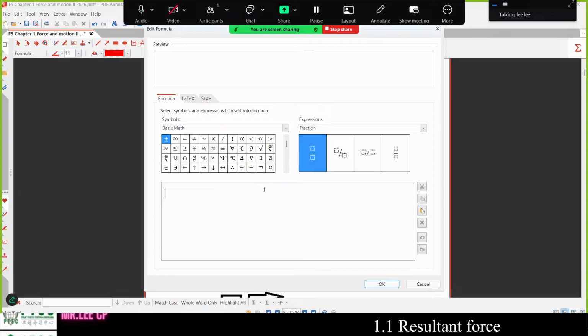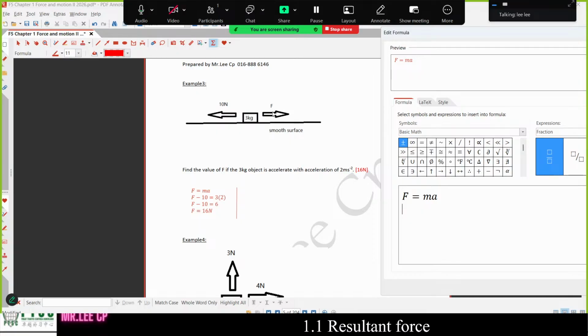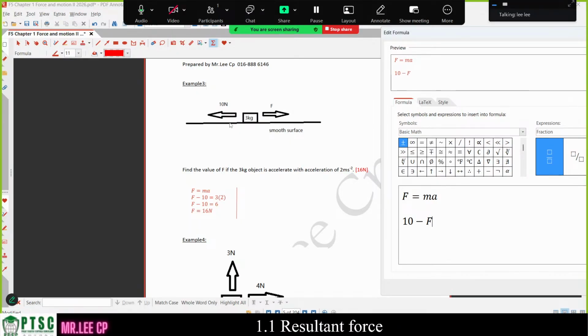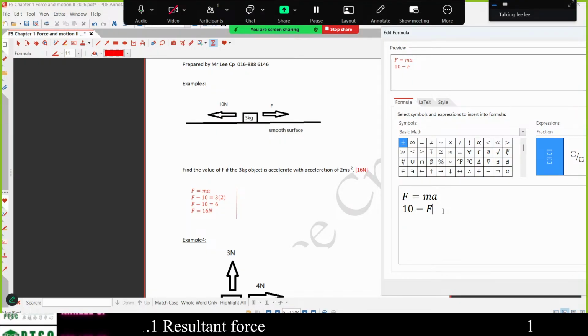F is equal to ma. Bigger minus smaller. So I take 10 minus F, because I take this one as bigger, it goes to the left. So 10 minus F is equal to ma.